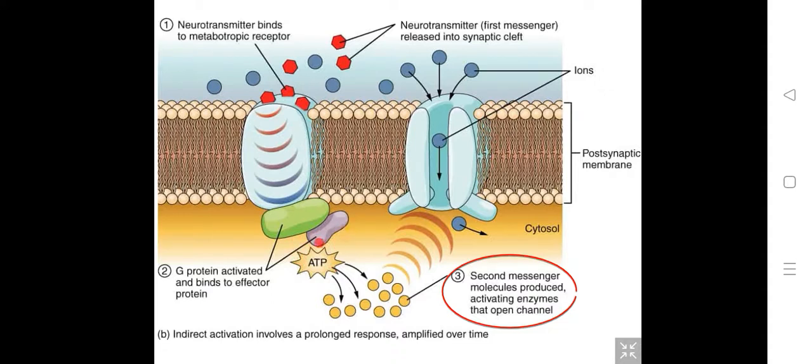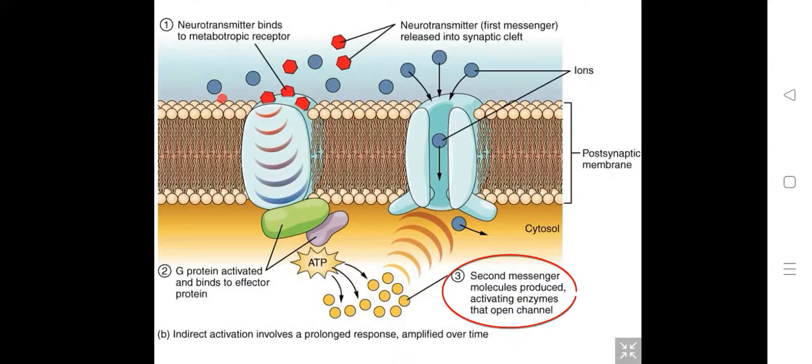Once the effector, which actually effects the signal that came in, is activated, it will release second messengers, which will activate enzymes, and these will come and open an adjacent receptor, and once they open a channel, the ions will flow through.